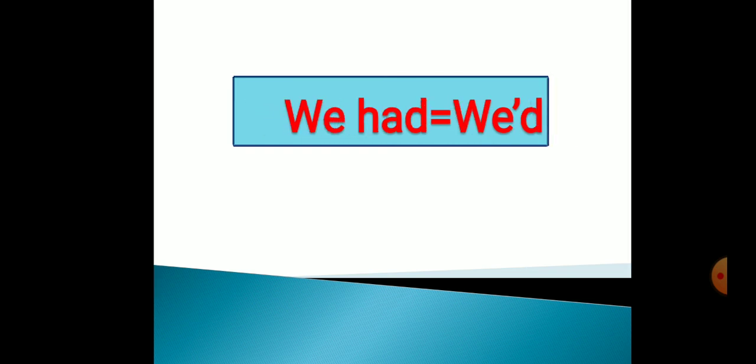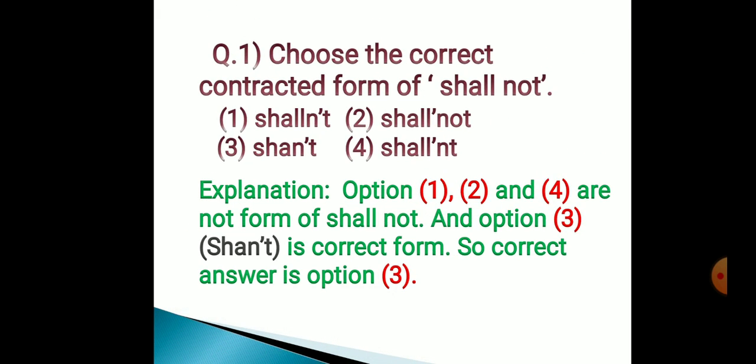We had, we'd. We had a radio, we'd a radio. These are some contracted forms we have learnt.